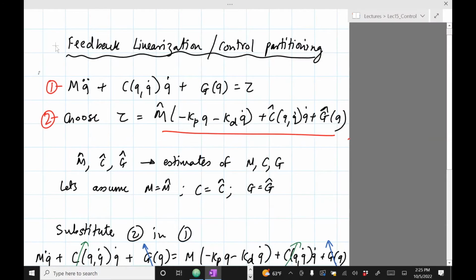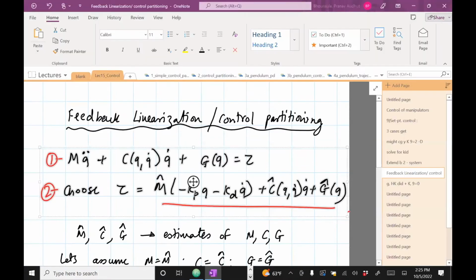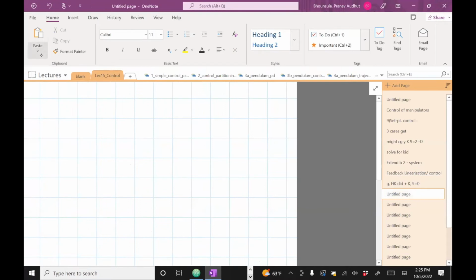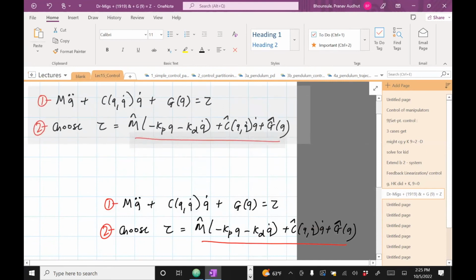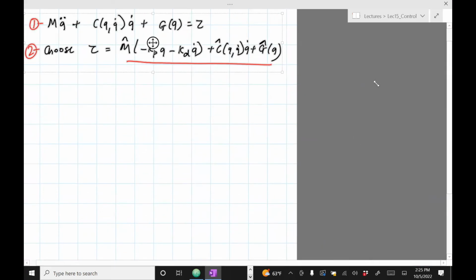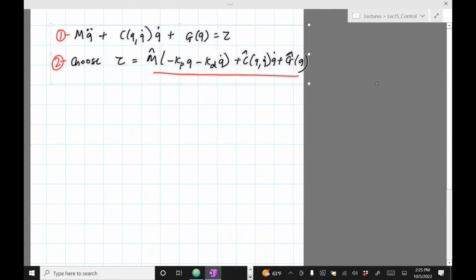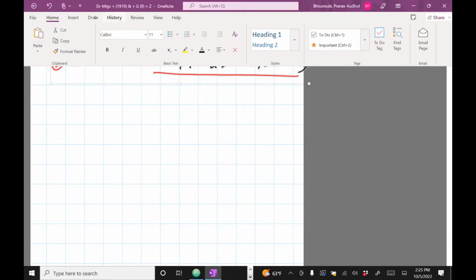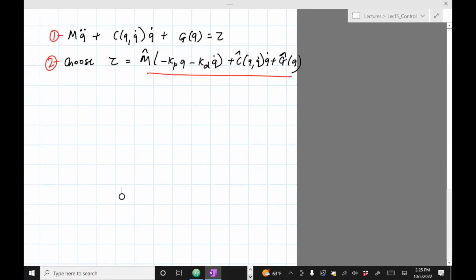We copy those. Okay, so let's draw a block diagram.